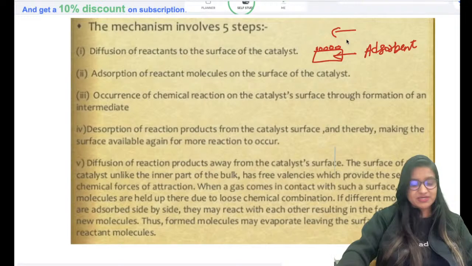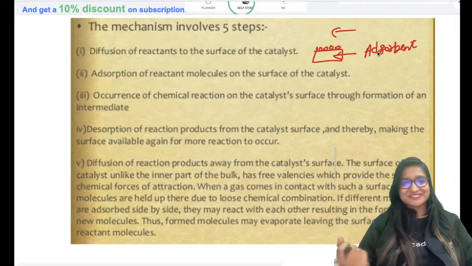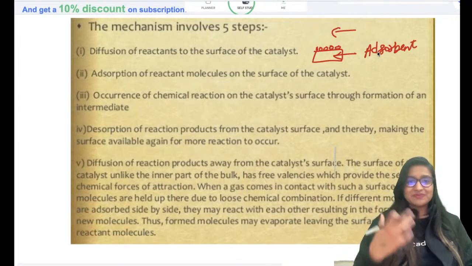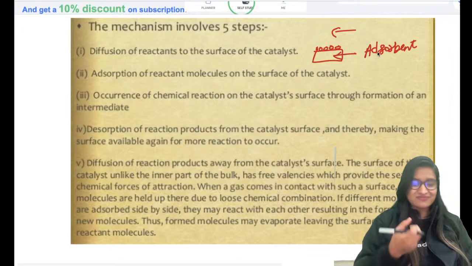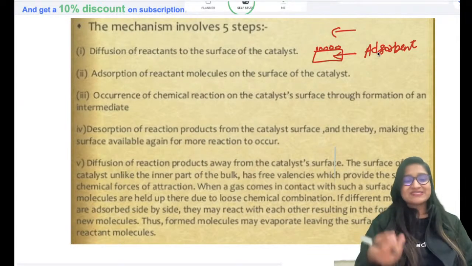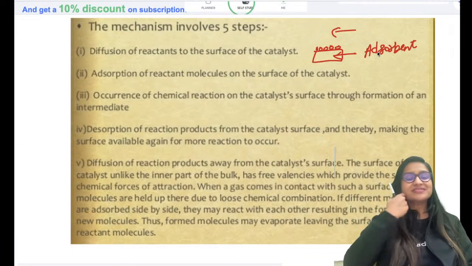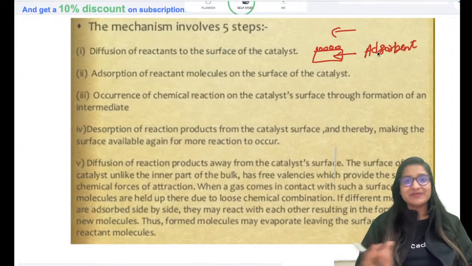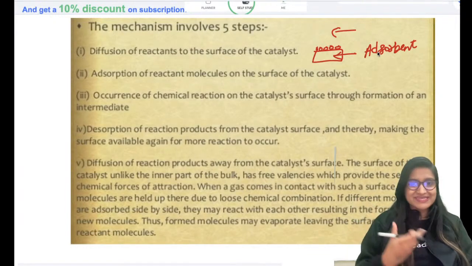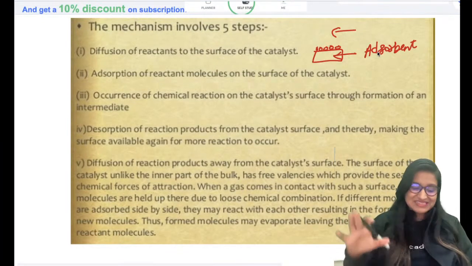See, Shaista, chemistry is chemistry, right? The way adsorption happens in NCERT, it is the same way it happens in Nagin Prakashan. The basic concepts are always the same. It doesn't depend on the board, whether it is CBSE or ICSE, or whether you are preparing for NEET or JEE. The basic concepts of adsorption remain the same.